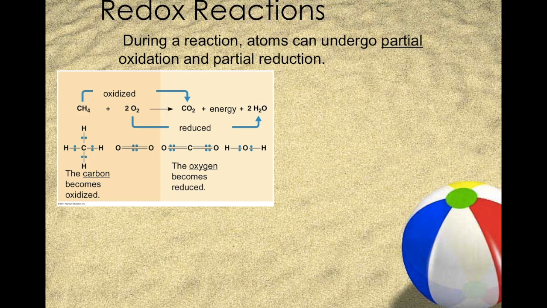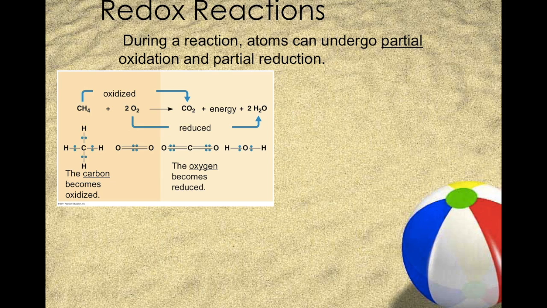Now, it may seem obvious that ionic compounds, when they form, undergo redox reactions, or reactions where an electron is transferred, because it's very obvious to see this, especially if you draw the Lewis dot electron diagrams of this process.